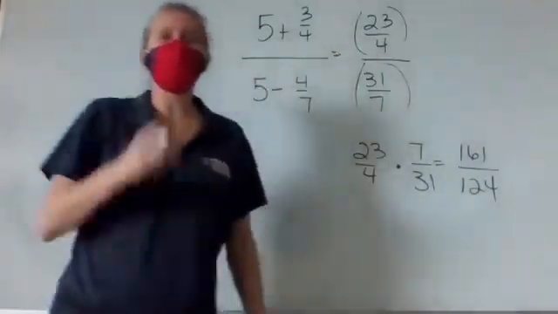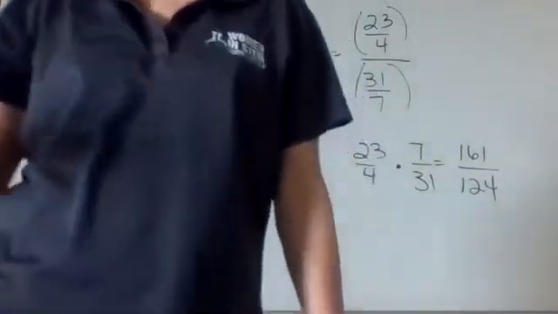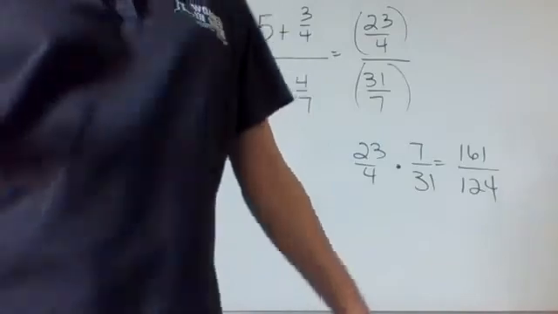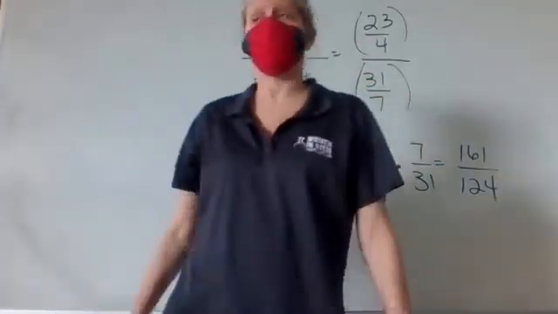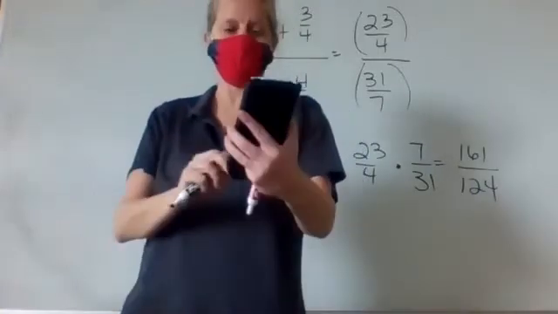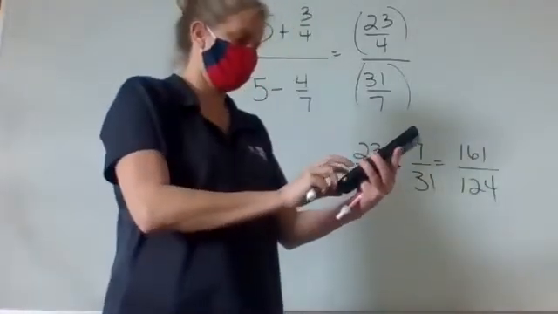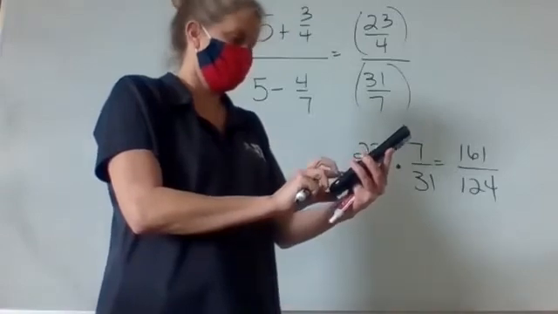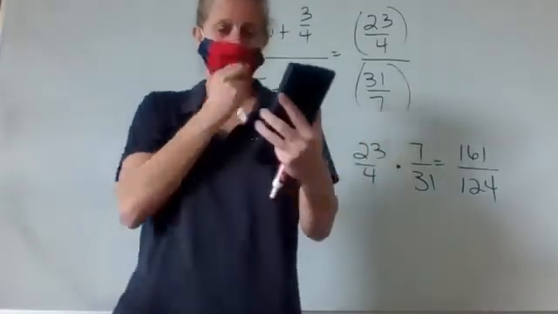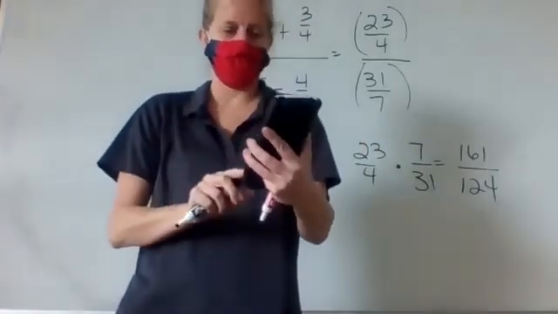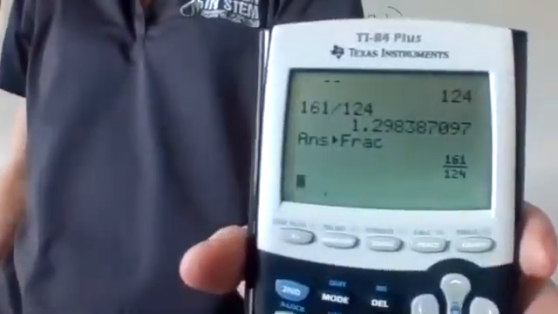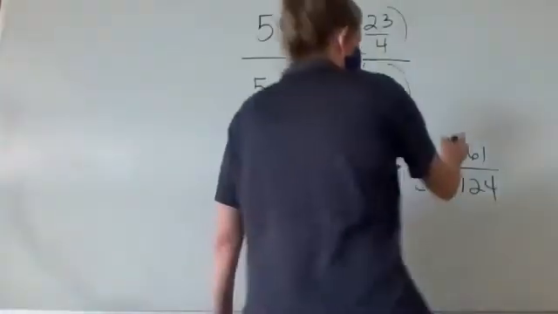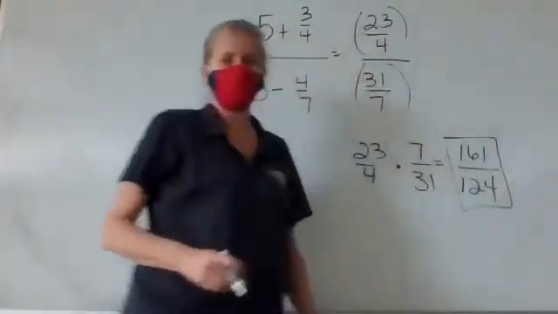And then I just want to double check to make sure that's in simplest form, which means I need to type that fraction in and math enter it. If it is reducible, your calculator will reduce that. 161 divided by 124, there's my decimal. And it is math enter. And what did it tell you? It still told you 161 over 124, which just means that's in its simplest form.